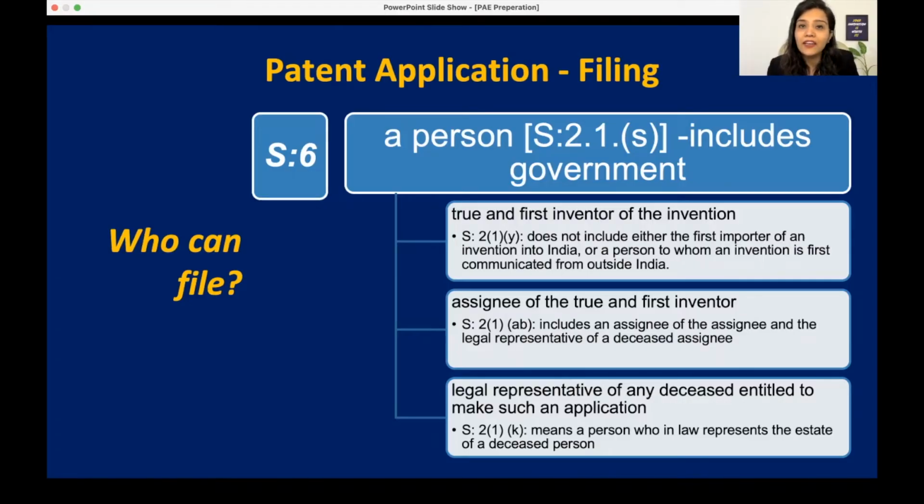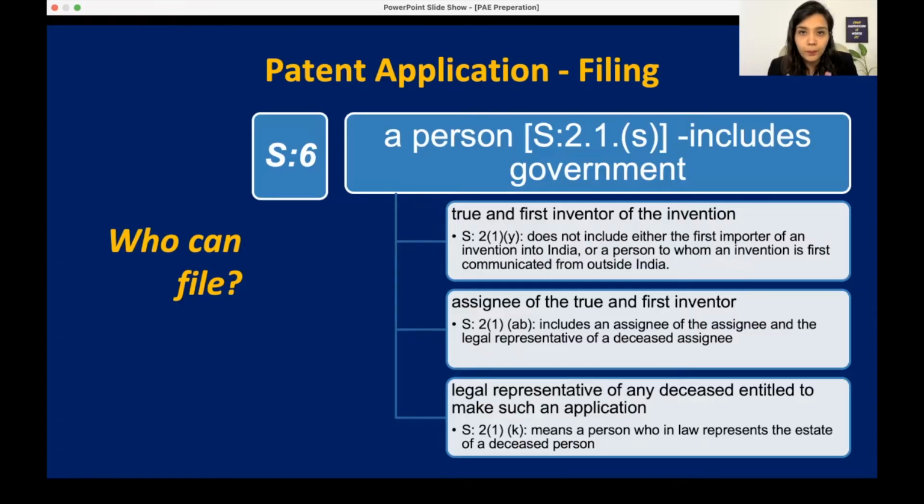This means an inventor can apply for a patent. Who is an inventor? Inventor is always a person. Inventor cannot be a company. Inventor has to be a person who has developed the invention. So that person can apply for the patent, and it does not include someone who has imported an invention from another country or someone to whom an invention was disclosed from another country.